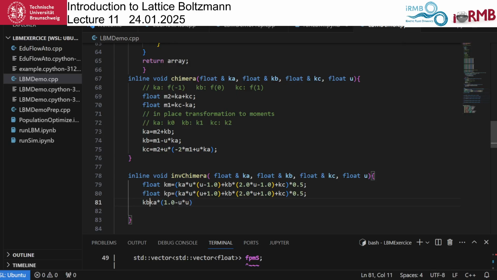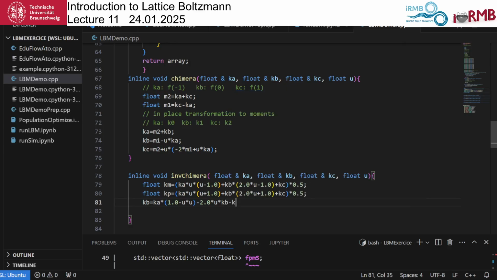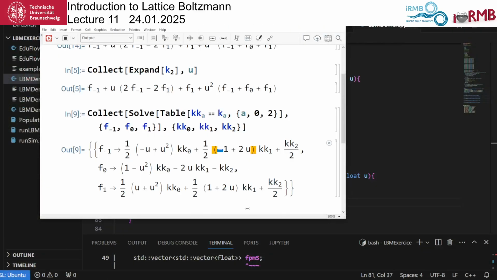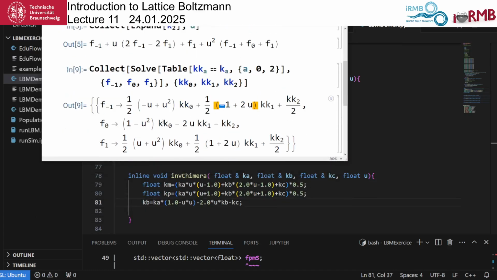KB is equal to KA1, so minus 2.0 times U times KB minus KC. So this is supposed to be the part that is here coming from 0.